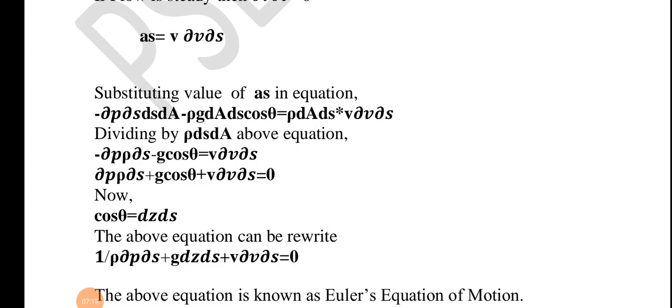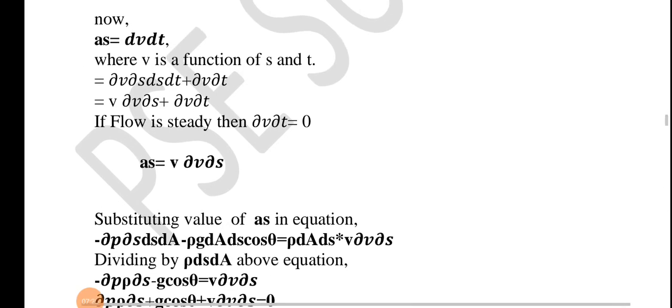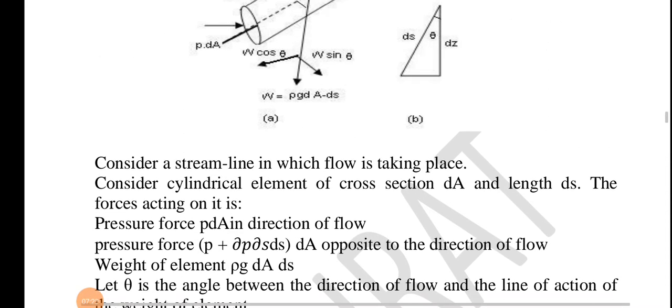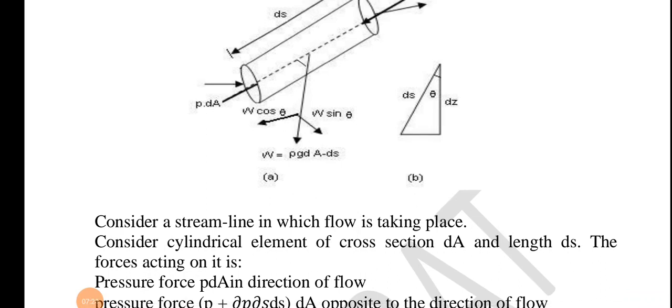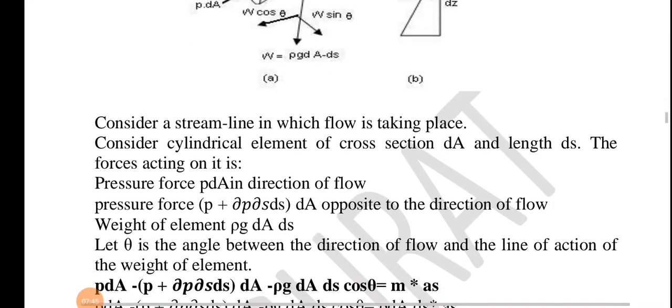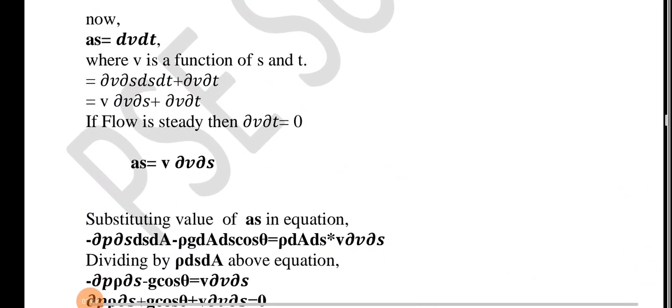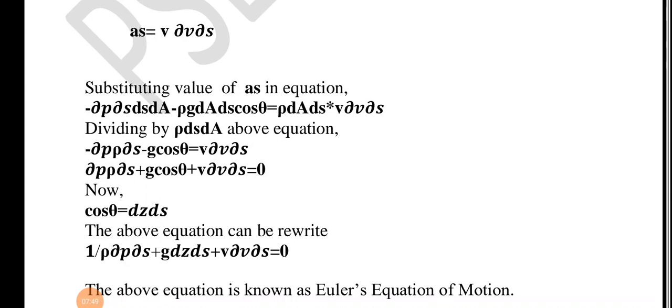Okay, now here we can see that cos theta is shown separately. Theta is the angle between the length component, that is ds, and the gravitational force which is acting in the downward direction. From figure B, we can write the value of cos theta as cos theta equal to dz by ds.